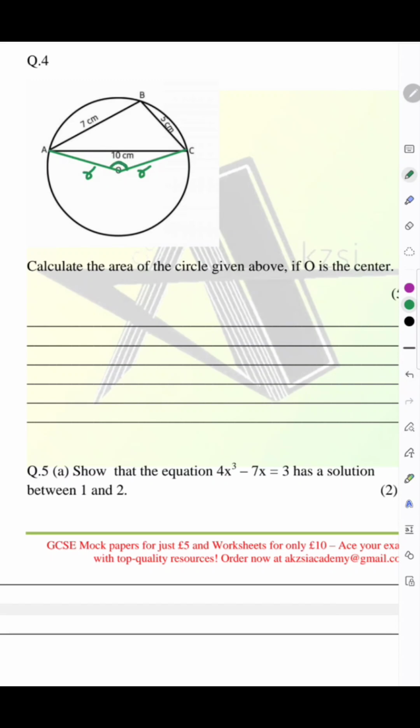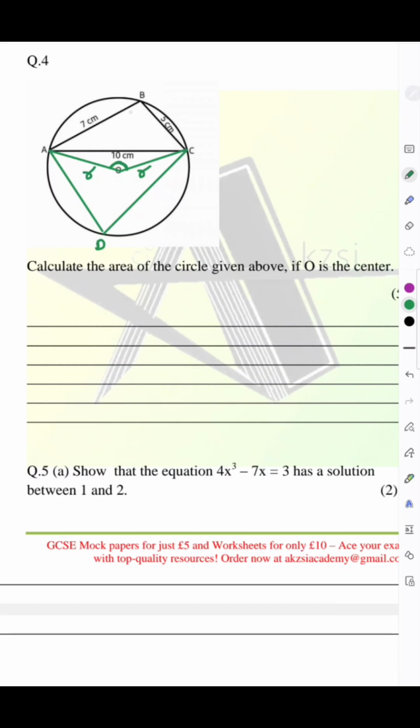According to the circle theorem, I can easily calculate this angle if I join this A with any point on the circumference, this one, and let me just name this B, D. Then ABCD will be the cyclic quadrilateral, and opposite angles add up to 180 degrees.